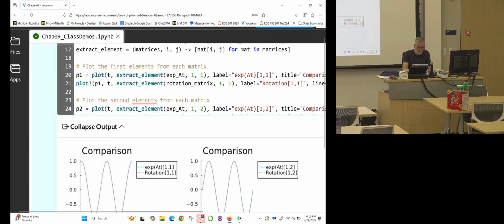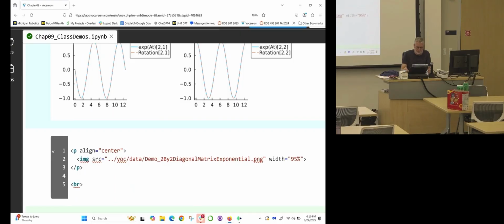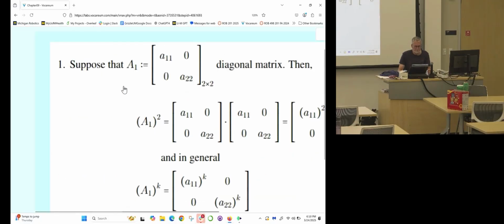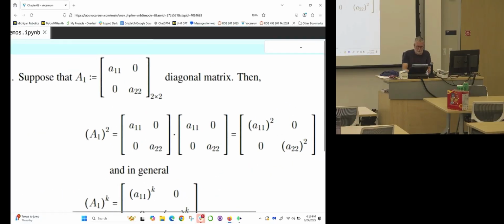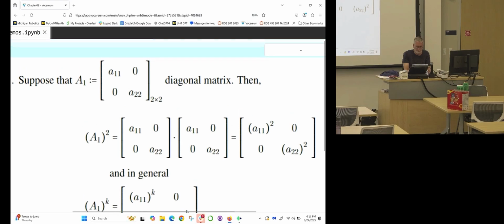Then we evaluated the rotation matrix, plotted them, and got the same thing. So that's one way. The book has a much more analytical solution that e to the At is cosine t, sine t, etc.